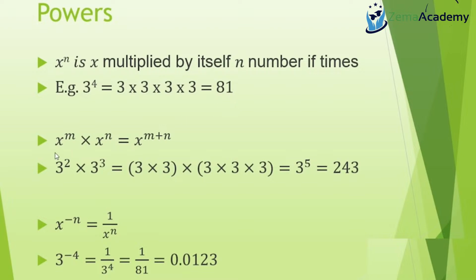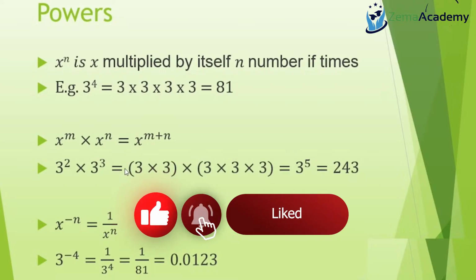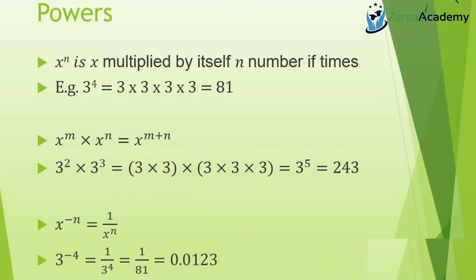There are a couple of other things you need to be aware of. Some little tricks we use. This is useful partly for numbers, but it's certainly very useful later on, and we'll look at it again when we look at algebra. We like to write a rule that is x to the power of m multiplied by x to the power of n is the same as x to the power of m plus n.